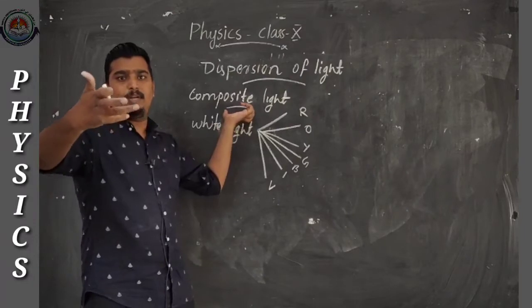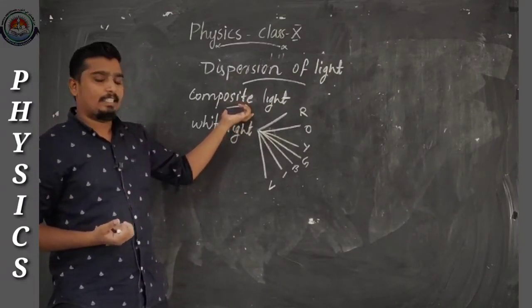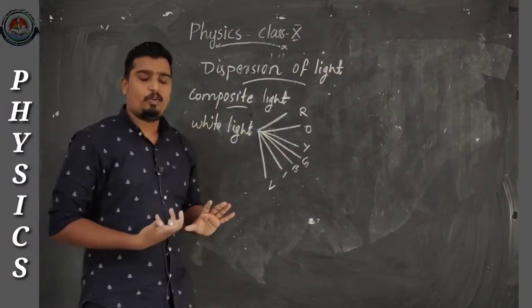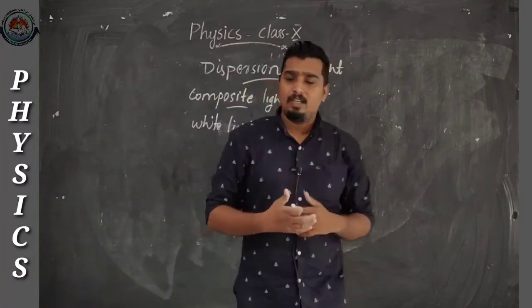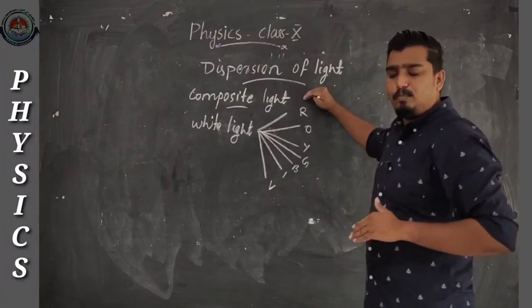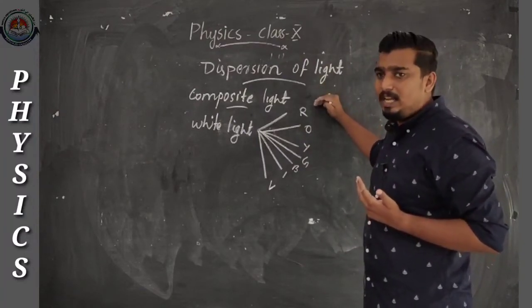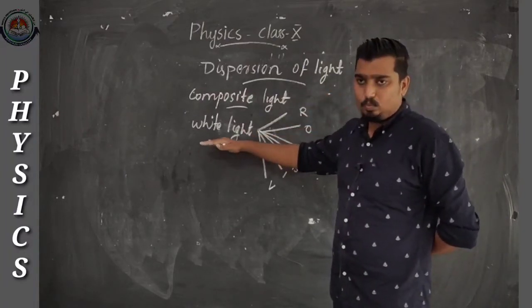And visible light or sunlight, sunlight is also a composite light, torch light, candle light. These are examples of composite light. What is composite light? Composite light is any light that is composed of more than one color of light. One of the examples is white light.